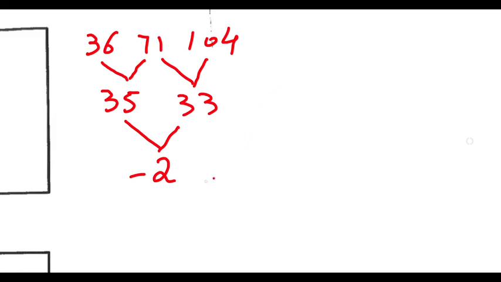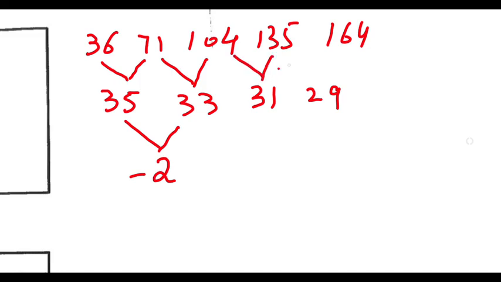Now if I want to go forward, 33 minus 2, that's going to be 31. And 31 minus 2, that's going to be 29. And 104 plus 31 becomes 135. Plus 29, that becomes 164. So this is the first difference, and this is the second difference, negative 2.